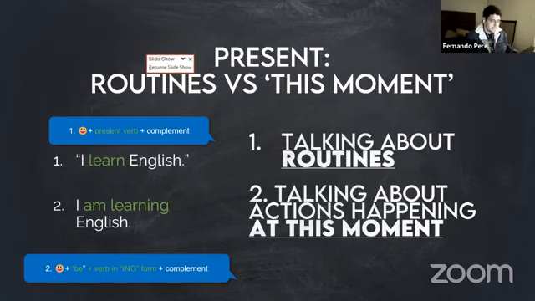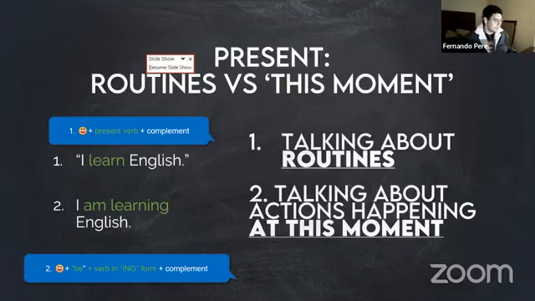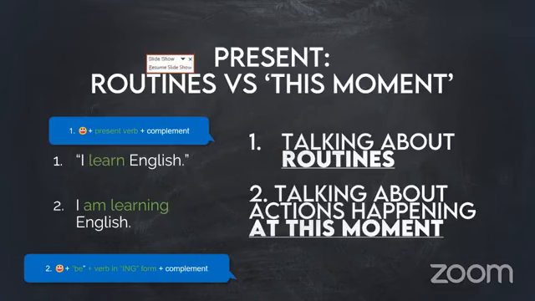Watch this. Oh, by the way, super important. Do you remember the color code? What is the color code? It's green for the verb, purple for the complement.